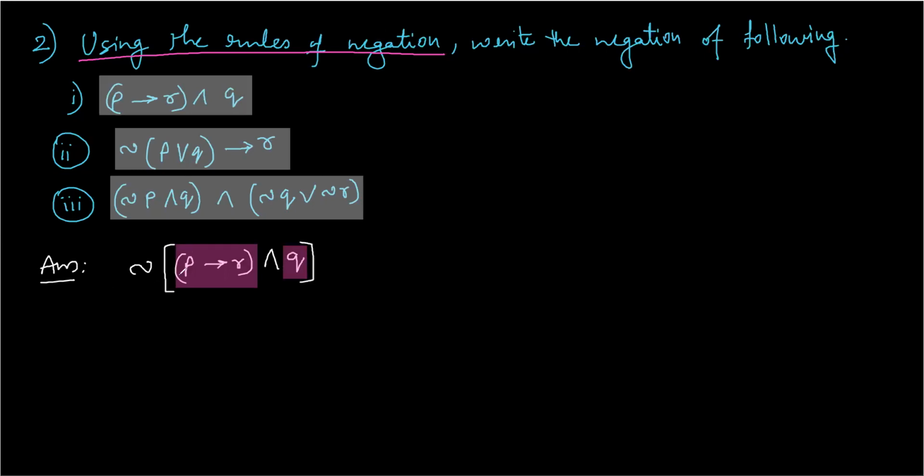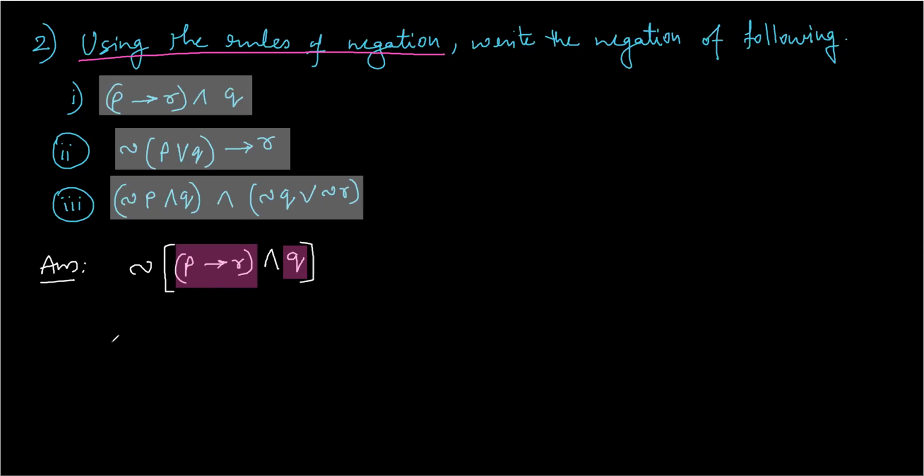I have to write negation of this, right? So what is negation of conjunction? Negation of conjunction is disjunction of their negations. Remember, when you are writing negation of conjunction, ultimately it will become disjunction.